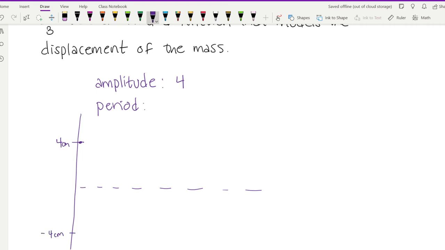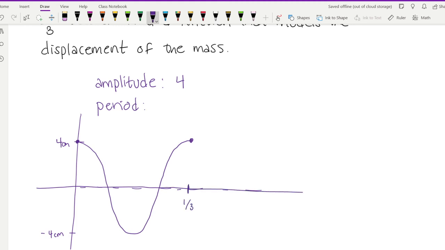What this problem is telling us is that we're starting at this compressed position of 4 centimeters. If we think about this as a trig function, it's going to go down to its minimum, then it's going to come back up. And what this part of the problem is telling us is that the amount of time for it to go all the way down and come all the way back up to its compressed position is 1/3 of a second. So this is 1/3 of a second.